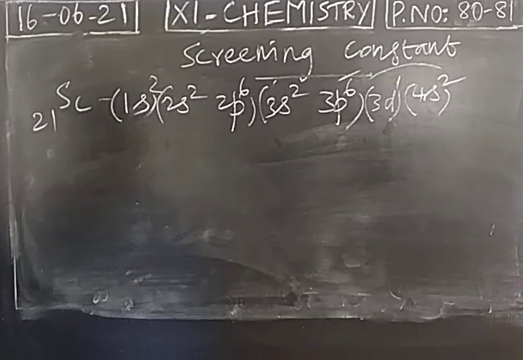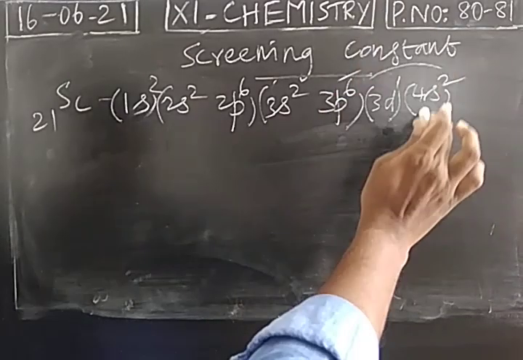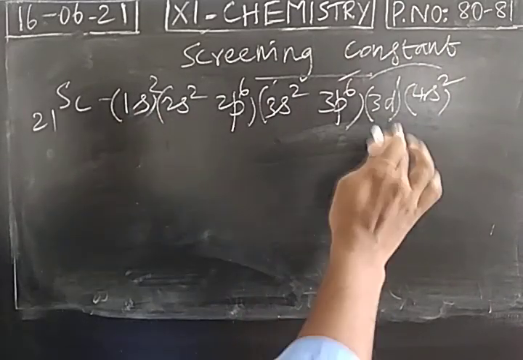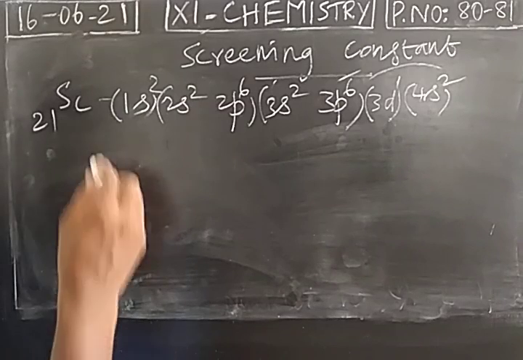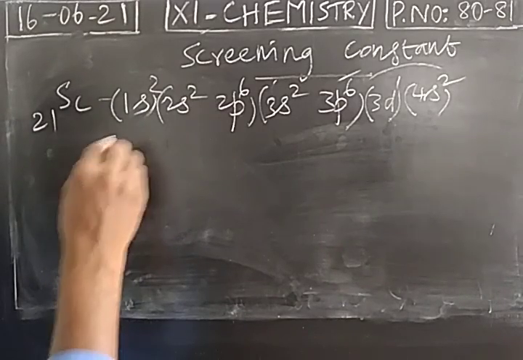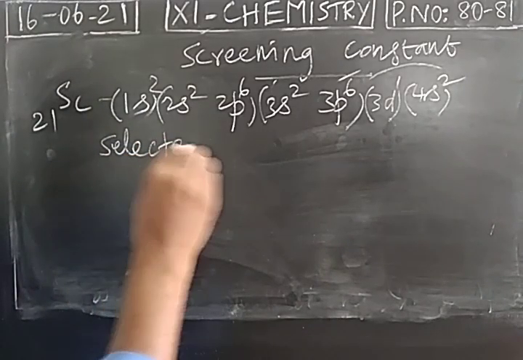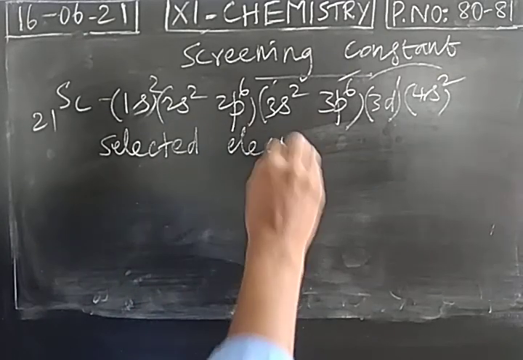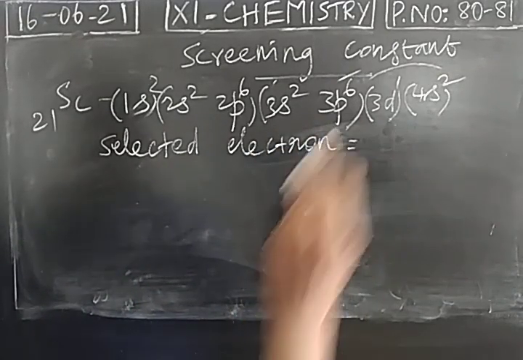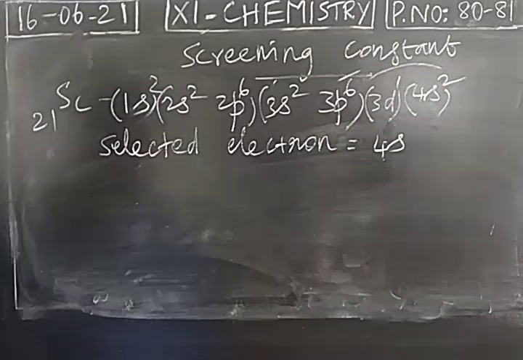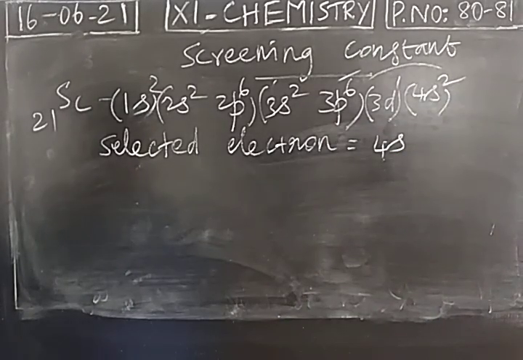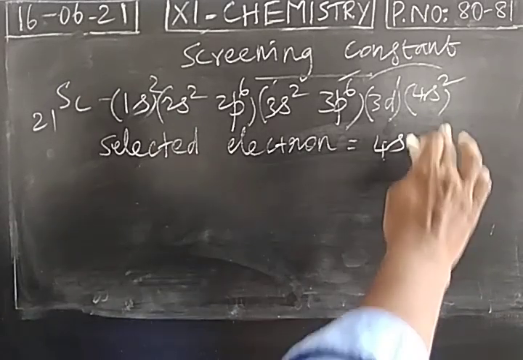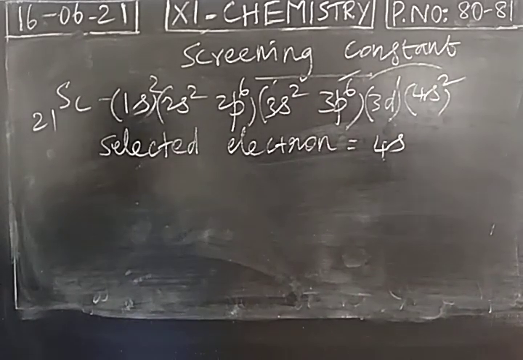Now we are going to find the screening constant for 4s electron as well as a 3d electron. So two calculations are going to be done. Selected electron is 4s. We select an electron in the 4s orbital.